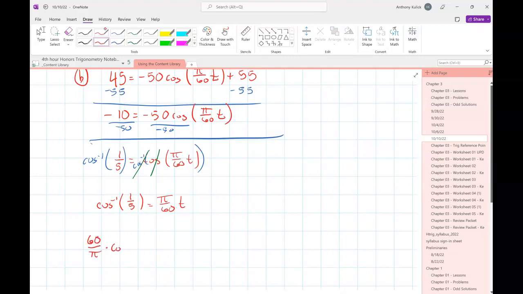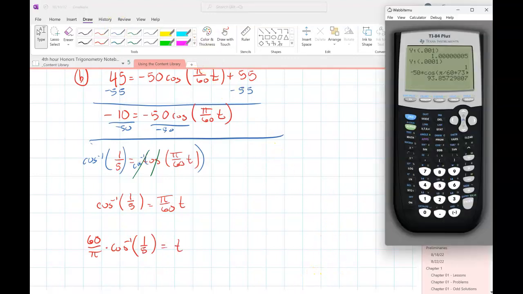And keep in mind that I can't multiply that inside to the 1/5, right? Just type that into the calculator. I get about 26.15 seconds.